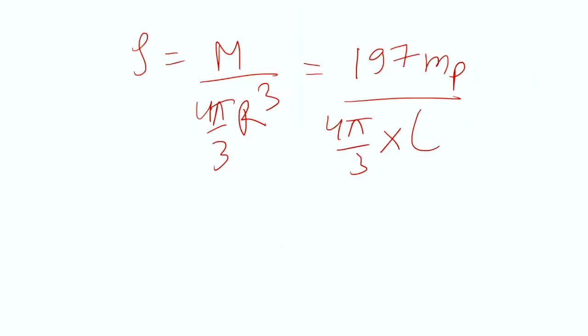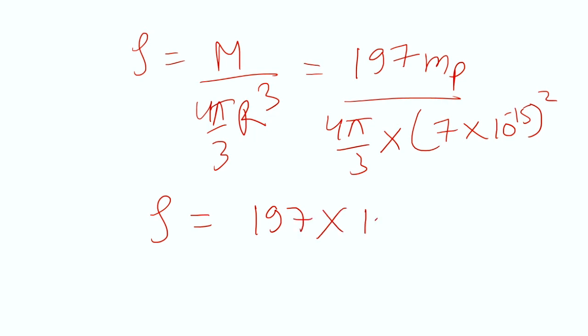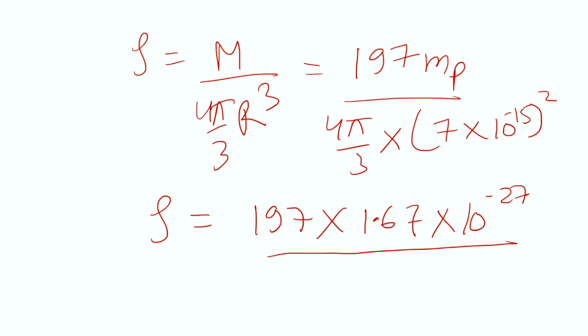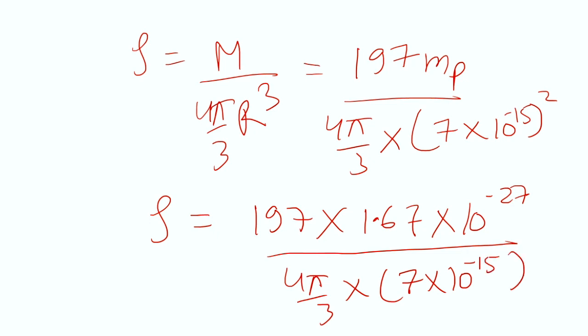So this is 7 into 10 to the power minus 15, whole cube. When we solve this whole thing, MP, that is mass of proton, is 1.67 into 10 to the power minus 27, divided by 4 pi by 3 into 7 into 10 to the power minus 15 whole cube.